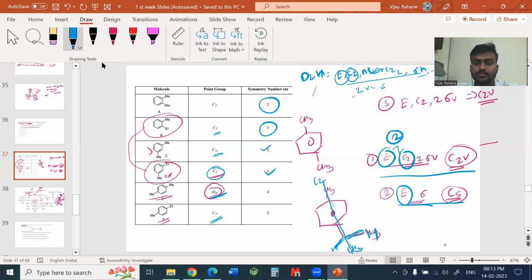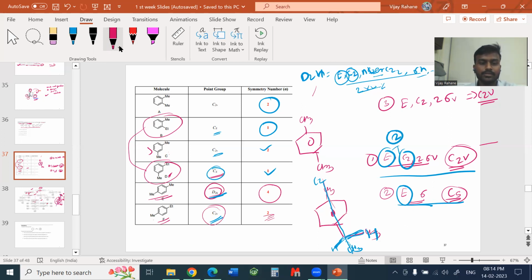So in total there are four symmetry numbers possible for the D2h point group. Similarly for the C2v point group, the symmetry number will be 2.